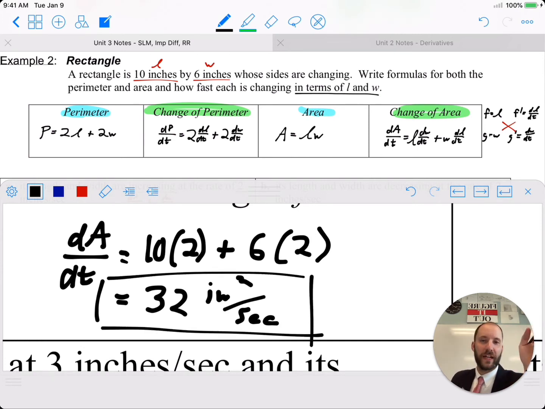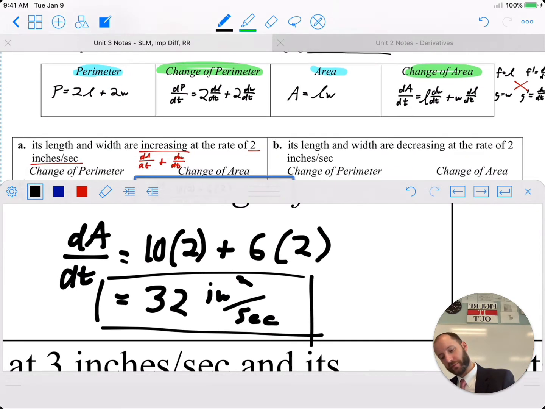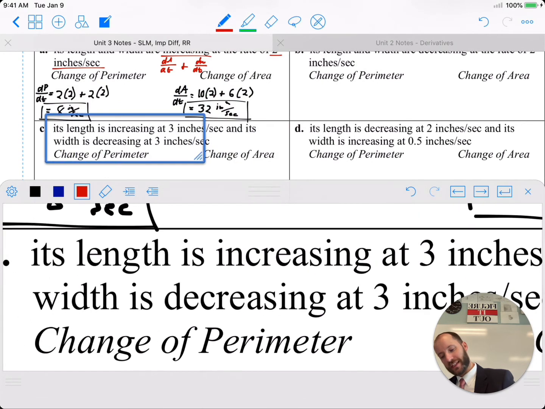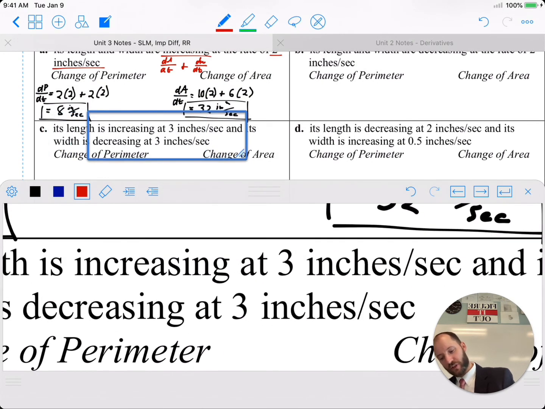So related rates is a way to kind of take complex systems, break them down, and approach them very analytically, and try to be organized in how you do that. Look at the example C. So it's length increasing at 3.